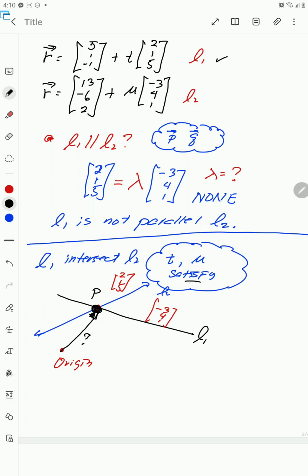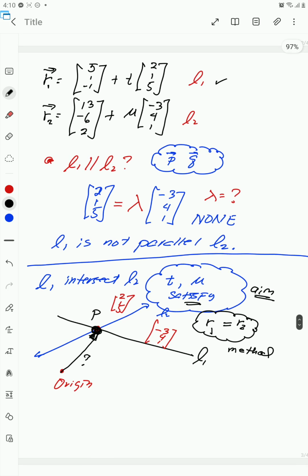Similar to what you have done in coordinate geometry, if they intersect, it means that line 1, symbolized by R1, is equal to R2. This is your aim, your target. The method is to make them equal with each other.